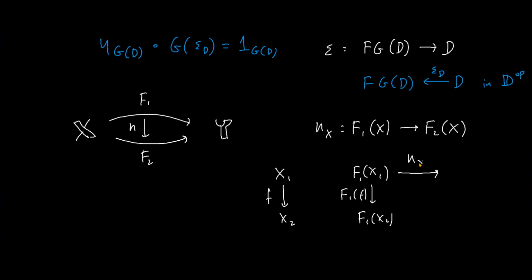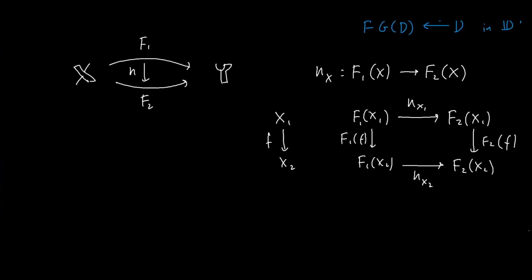Then here I have the natural transformation component n at X1 going to F2 of X1. Here we have n going to F2 of X2, and here we have F2 of F.